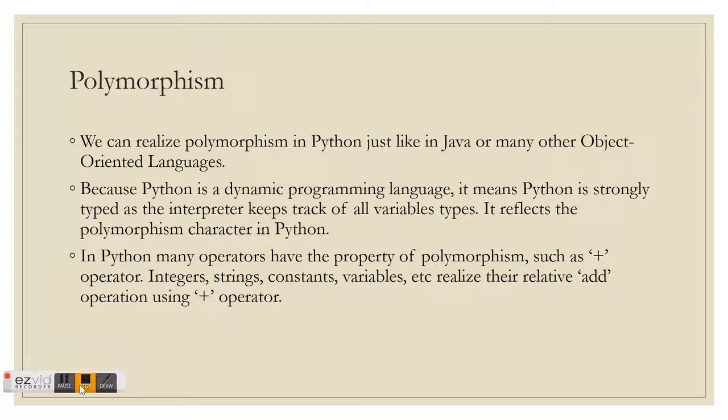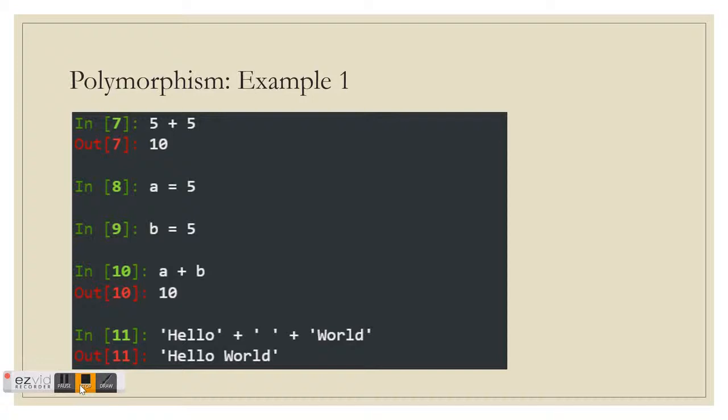In Python, many operators have the property of polymorphism, such as the addition operator, and we have discussed that with floats. As constants can use that operator, variables can also use it, and as with floats and integers, even strings can use that operator.